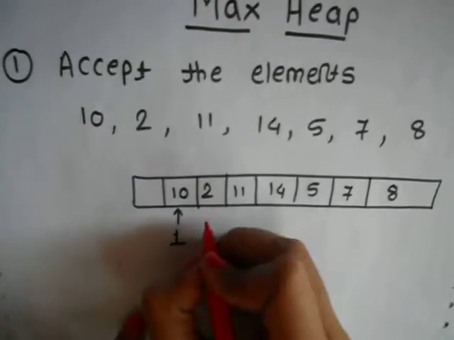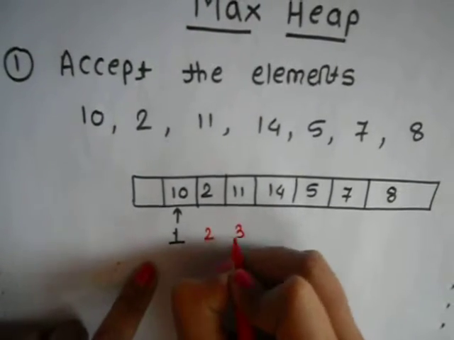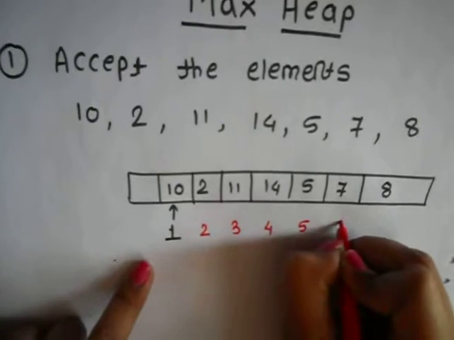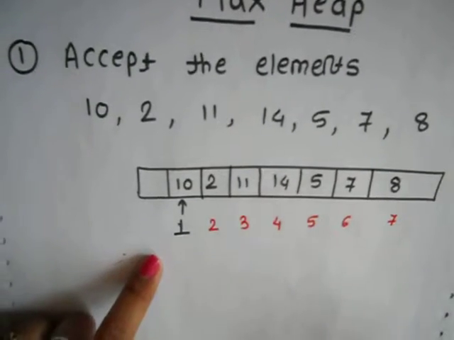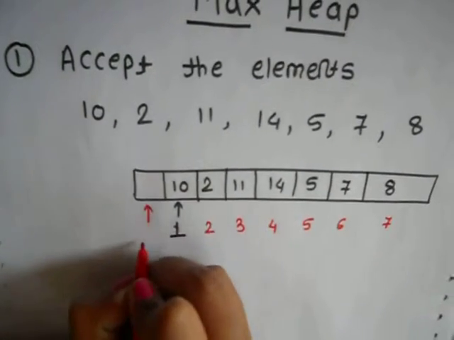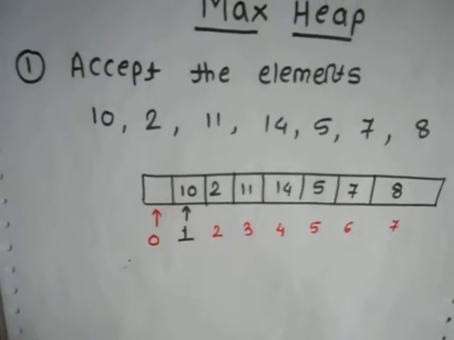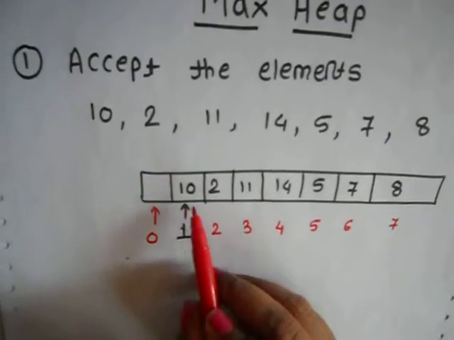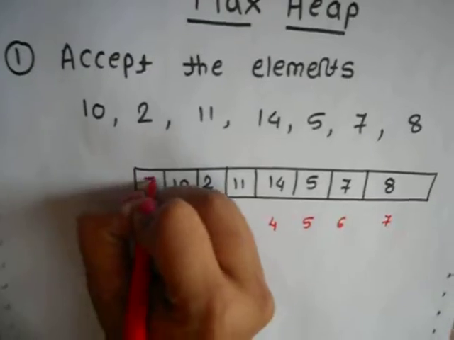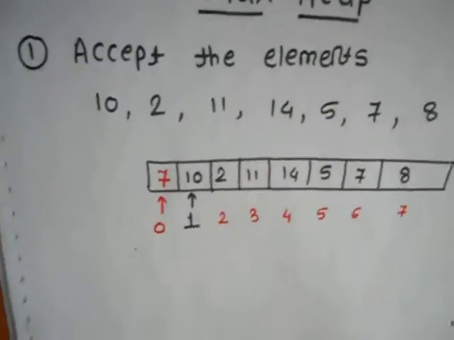Assume the positions are 1 to 7, and on the 0th position we place the total number of elements. So the total number of elements is 7, and 7 will be placed here.